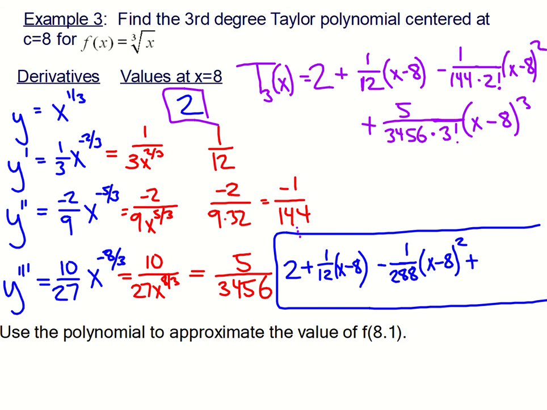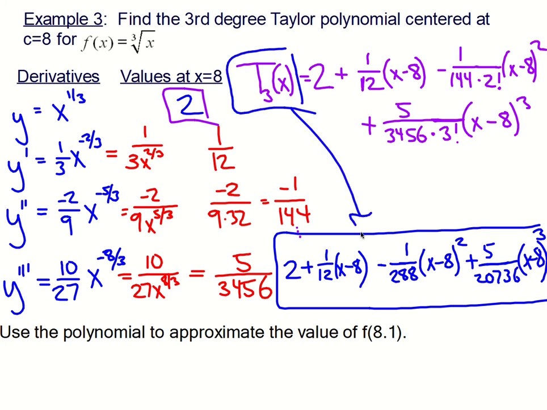And then plus 3,456 times 6 gives us 5 over 20,736 x minus 8 cubed. That would be our third degree Taylor polynomial.